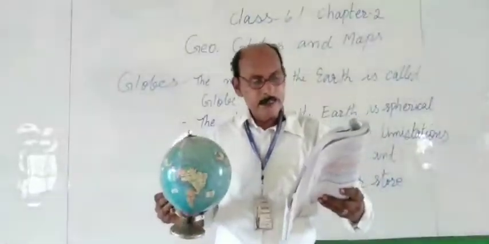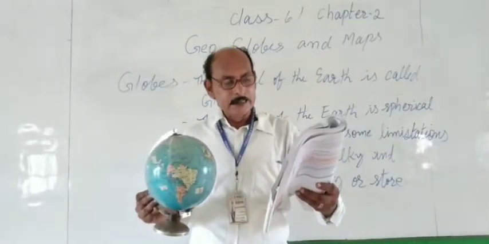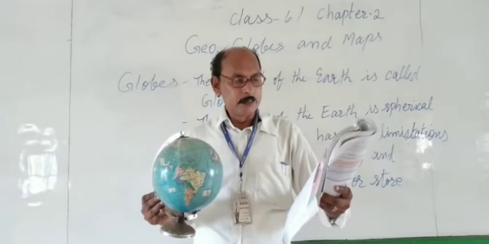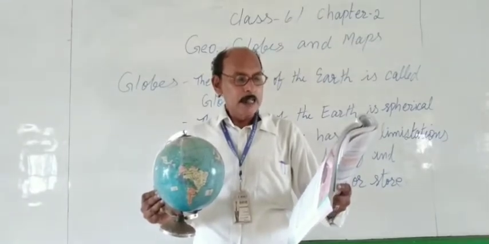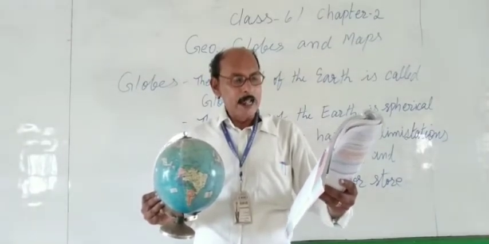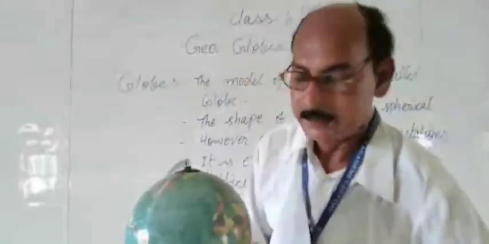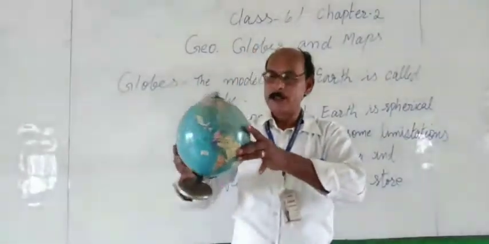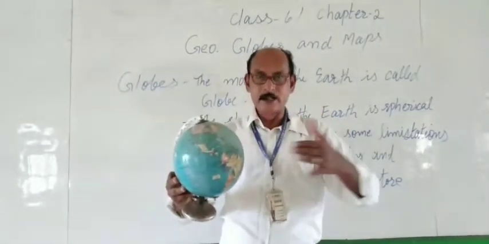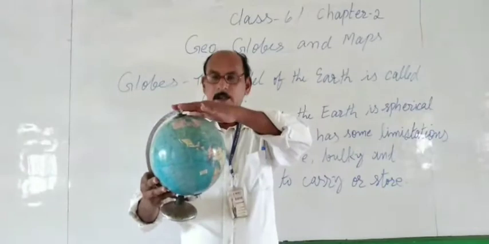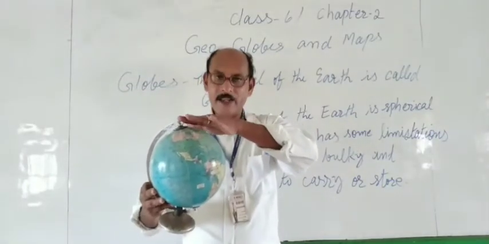A globe is an accurate three dimensional model of the Earth. It is slightly flattened at the poles and bulging at the equator. You can see this equator side has been stretched. It is bulging, and up at the pole it is flattened.